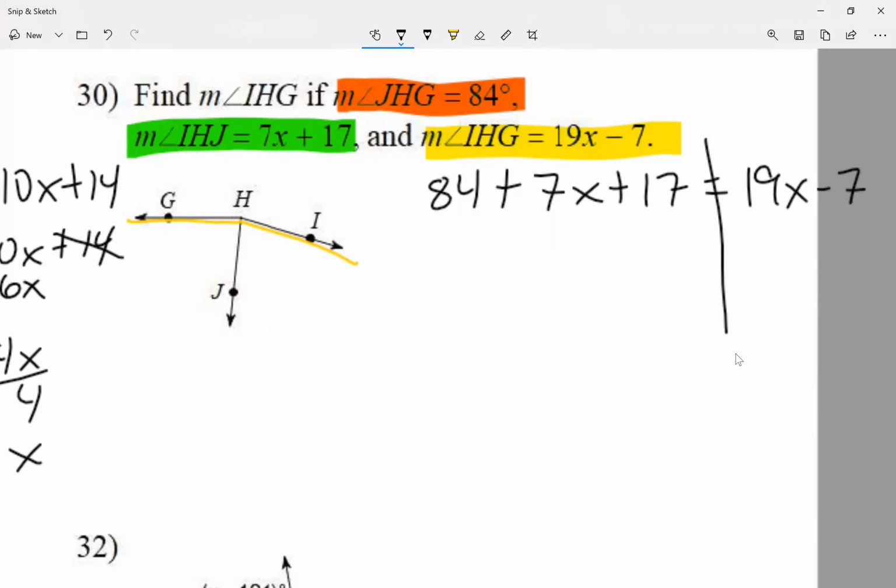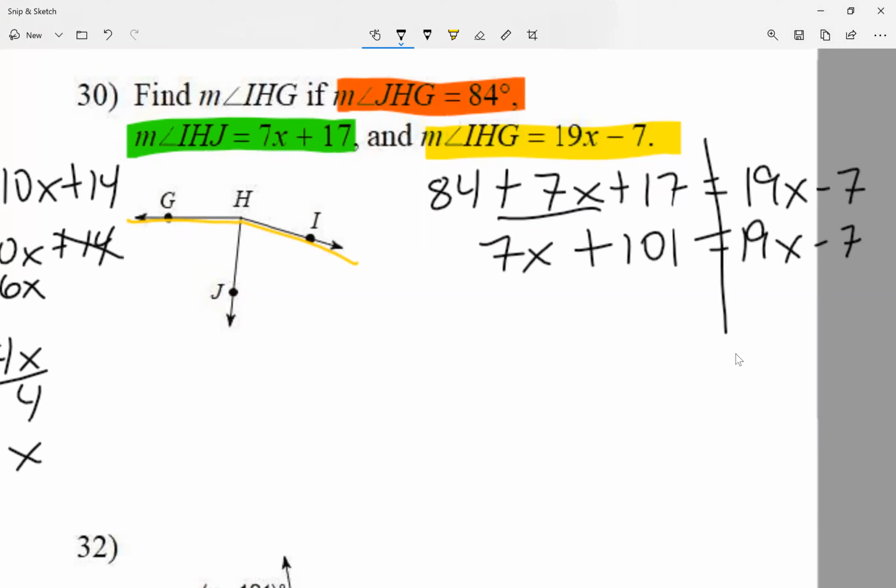On the left side, let me combine my like terms. When it comes to letters, just 7x. When it comes to terms that don't have a letter, 84 plus 17, I know that's 101, equals 19x minus 7. Those cannot be combined.